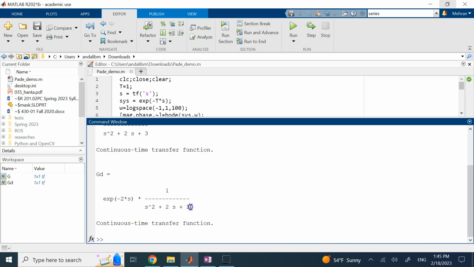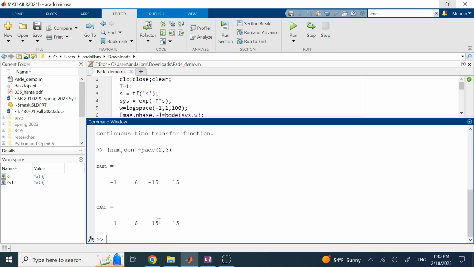Then I approximate this system with what? You see the delay is 2 seconds. And let's say I decided based on the range of frequencies of my system that order 3 is good. So I say numerator and denominator equal Padé of t and n. So your t is 2 and your n is 3.